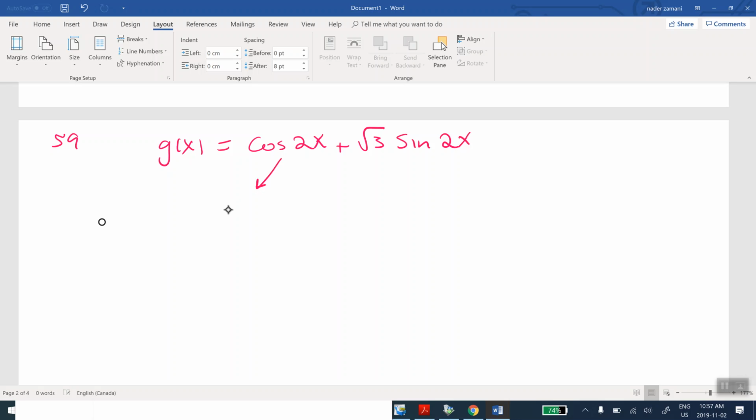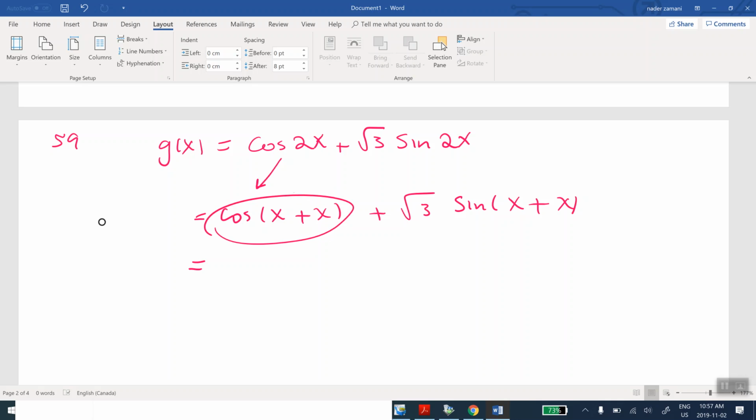So that's easy because I write this as cosine of x plus x, plus root 3 sine of x plus x. And we know how to do this. It is cosine x cosine x minus sine x sine x.